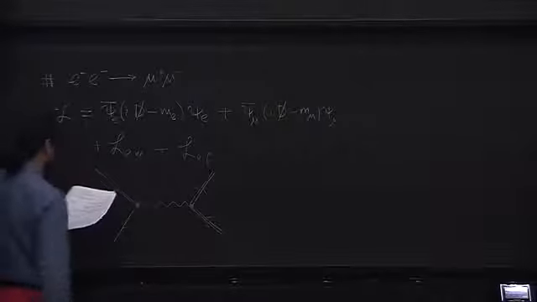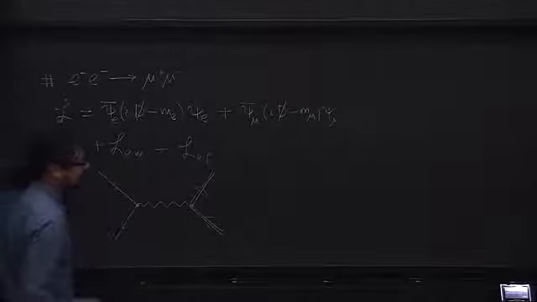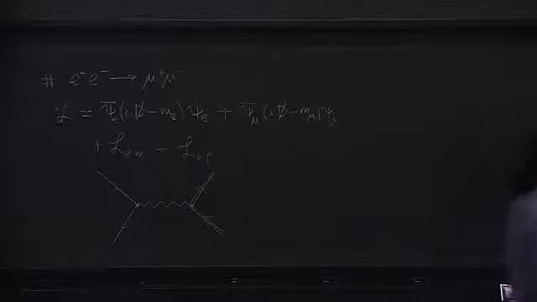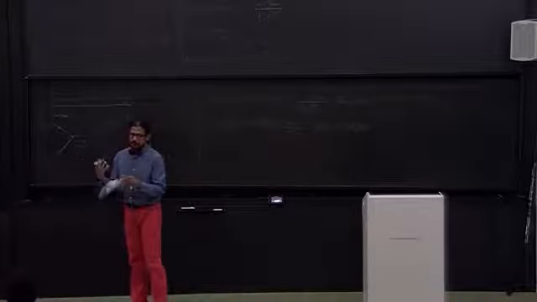I'm going to reuse this diagram, but label it a bit differently from what I labeled in the first part of the lecture note. Notice that there is no vertex where the muon and the electron, or their antiparticles, and the photons come together. There is no such thing.